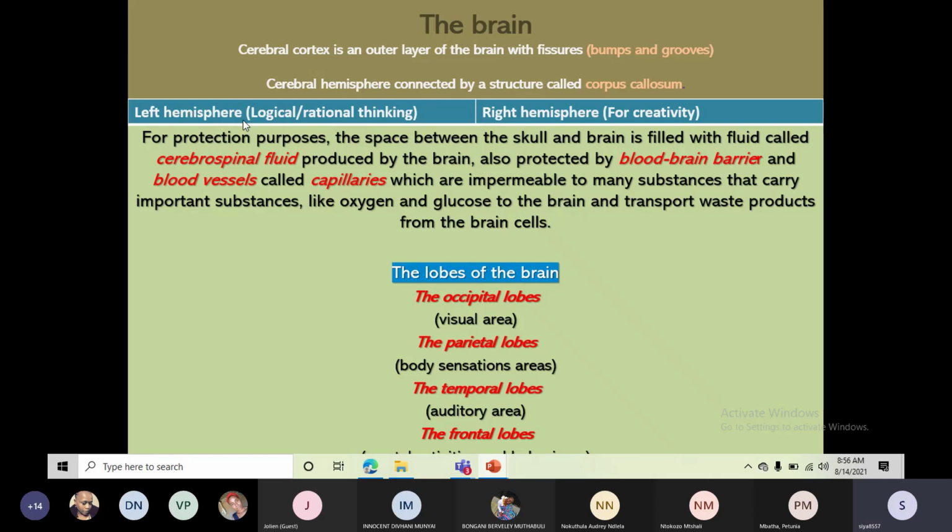What is the purpose of the left hemisphere? The left hemisphere is for logic and rational thinking. The right hemisphere is for creativity. Let me give you an example, using mathematics and engineering students mostly. In university, we have bachelors of arts, bachelors of commerce, engineering, and those doing agriculture.